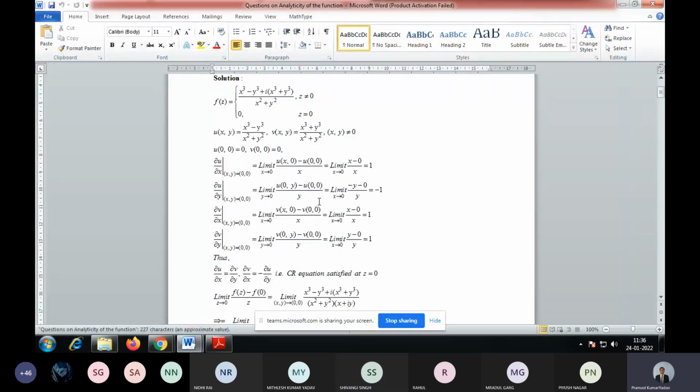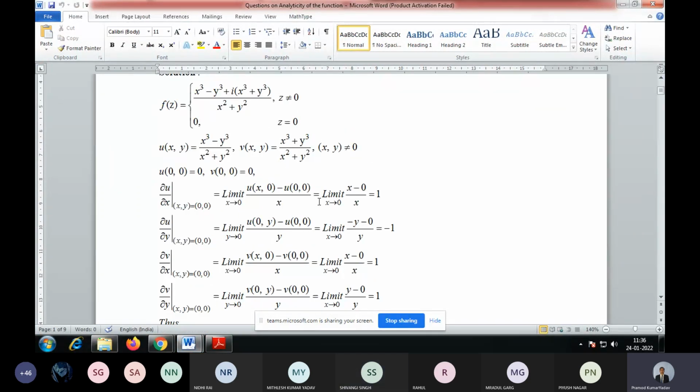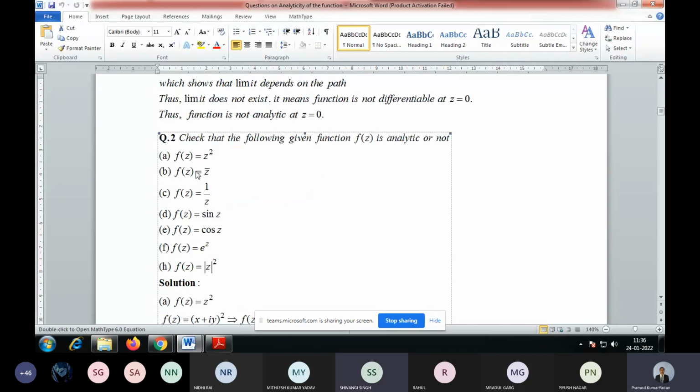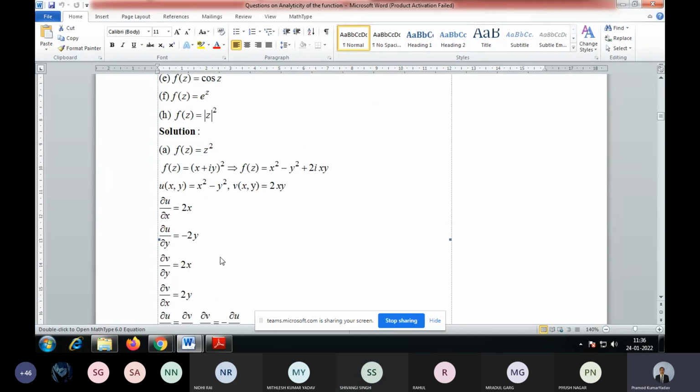I have given a question as I remember. I'm sharing the screen again. Question number 1. My screen is visible? Here, second question, B part. f z equals z bar. I've given a lot of questions. I don't know if you will practice or not.